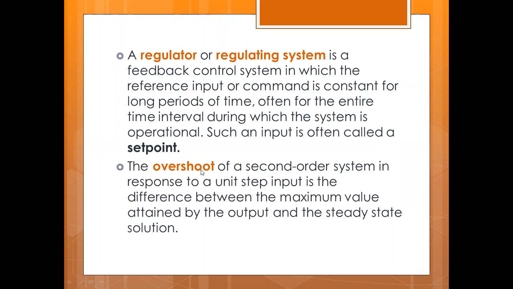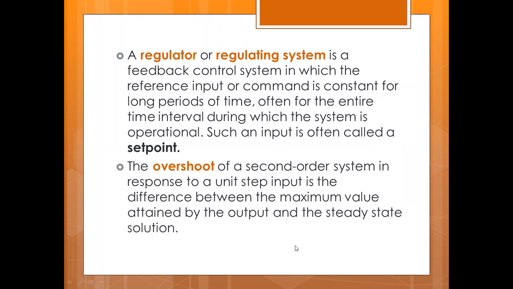Now, the overshoot is a term that was introduced to you when we were discussing higher order systems, specifically the second order system. So the overshoot of the second order system in response to a step input is the difference between the maximum value attained by the output and the steady state solution.